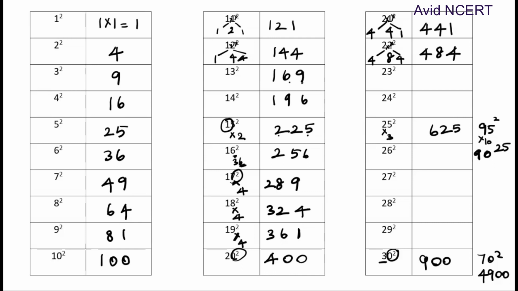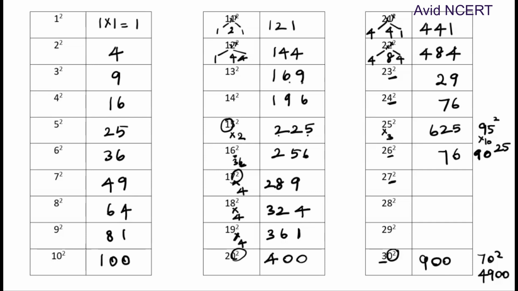The trick here is we know that 3 square is 9, so it ends with 9. 4 square is 16, so it ends with 6. Whenever it is 9, it always ends with 29 for 21 square to 30 square. And if it is 6, it ends with 76. So for 6 square, we know that it ends with 6, which means it is 76.